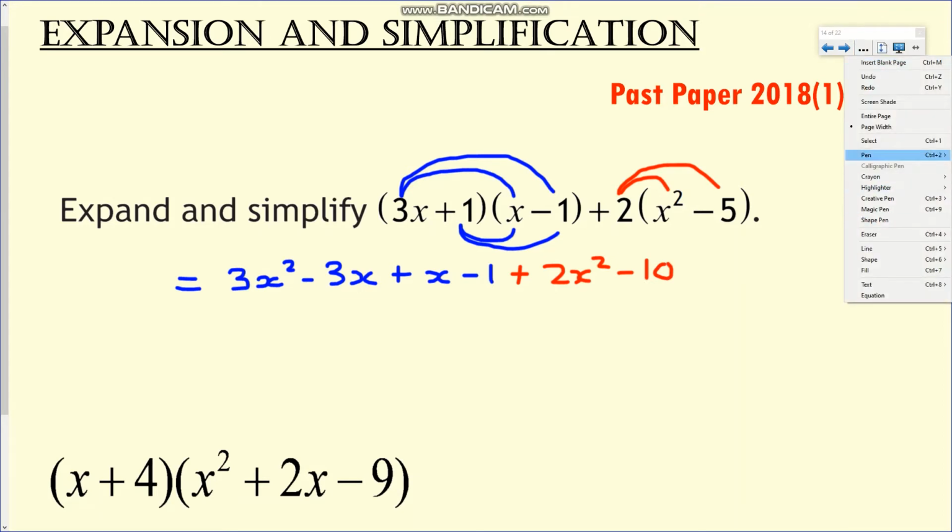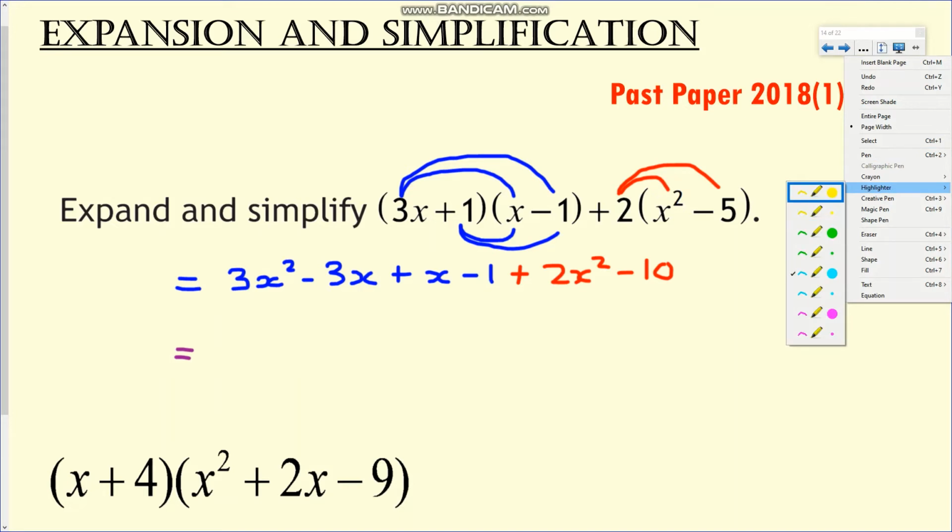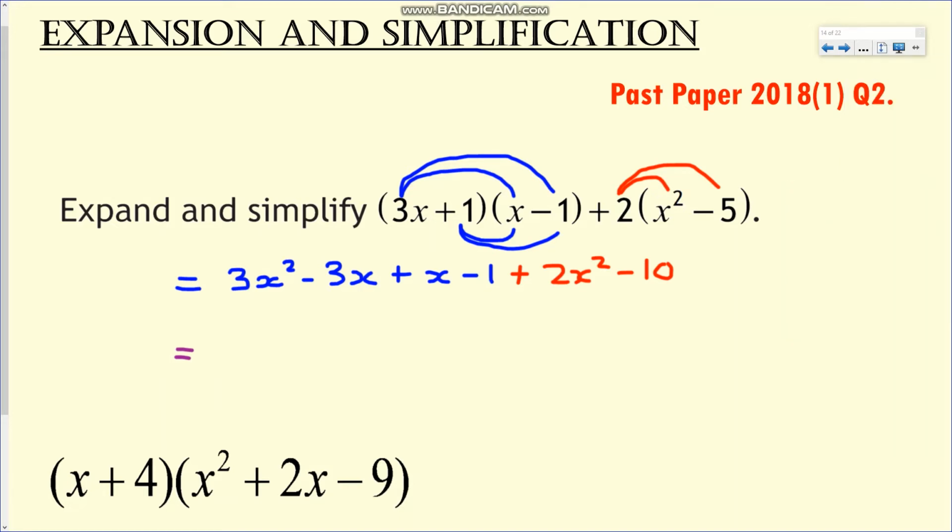Right, just to make sure that I've fully expanded and simplified this equation properly, I'm going to have a look through and see if there's anything that can be collected here. Alright, so in yellow I'm highlighting the x squared terms. So I've got 3x squared at the start of this expression, and I've got plus 2x squared towards the end.